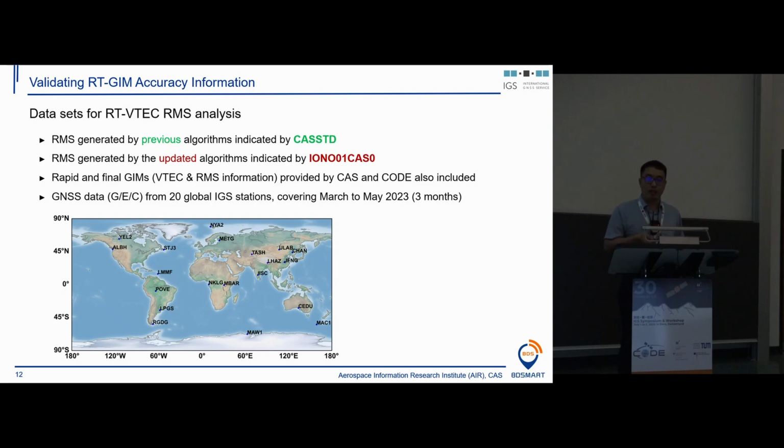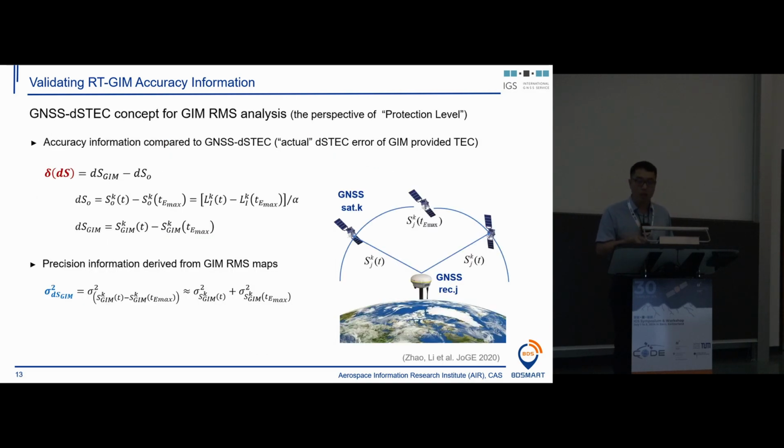In addition, the CAS and CODE provided rapid and final GIM products are also included for the following analysis. And in our analysis, I would highlight here, we would like to make such validation from the perspective of the protection level of our provided RMS.